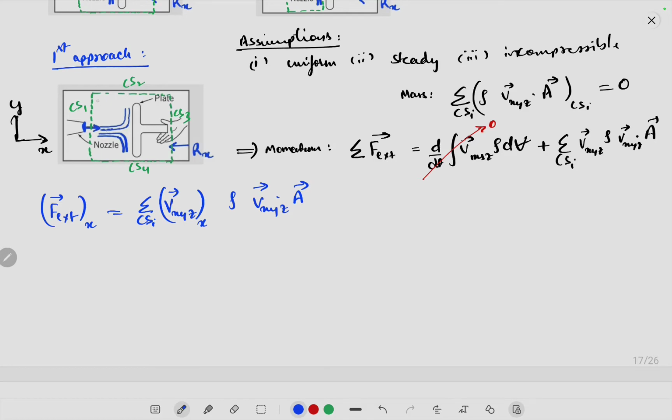So the answer is, when I have defined the control volume, I have considered the system to be the fluid plus the plate, okay. And that's why this force on the system is actually the force on this control volume. Since the plate is the part of the control system, plate is the part of the system, okay.